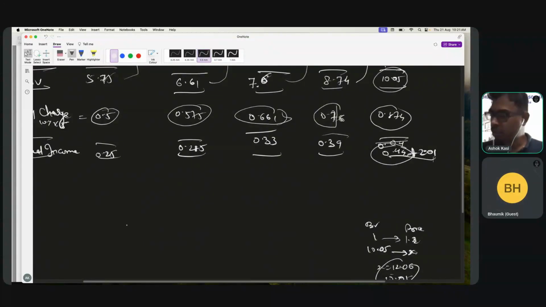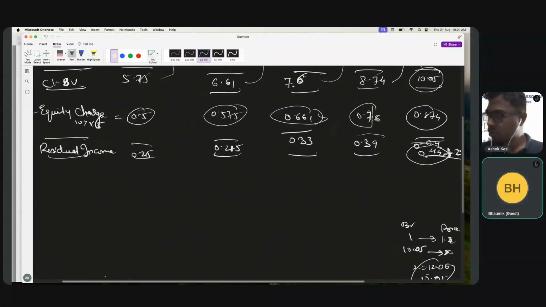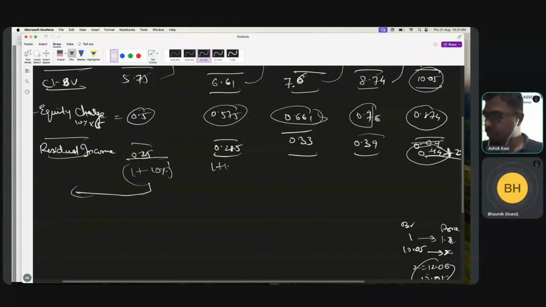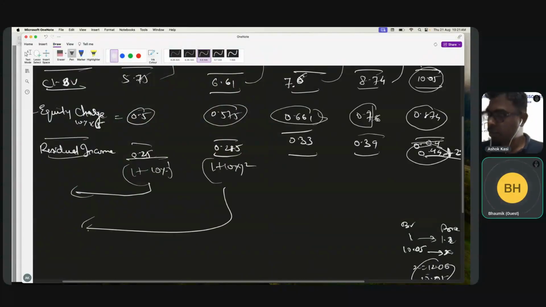Okay, that's it. Now as usual, 1 plus required rate of return is 10%, raised to 1. You can keep it in cash flow function also if you want.